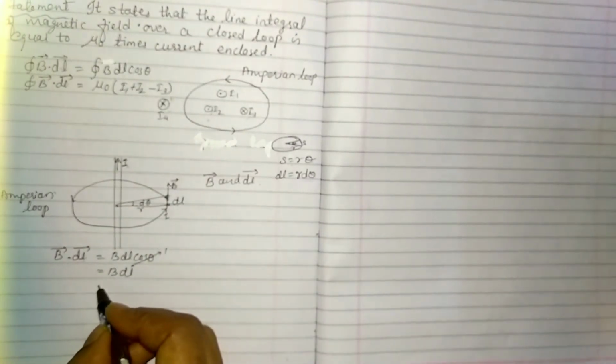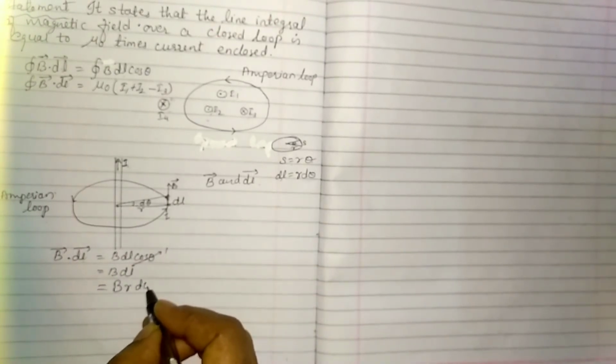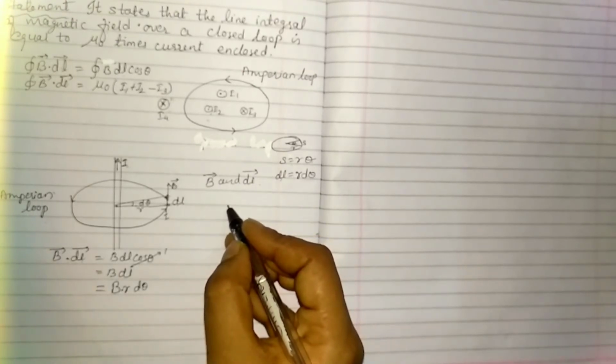So can I modify this equation as B, dl can be substituted as r d theta. Have you understood? So the field B at a distance r from the wire is given by Biot-Savart's law.